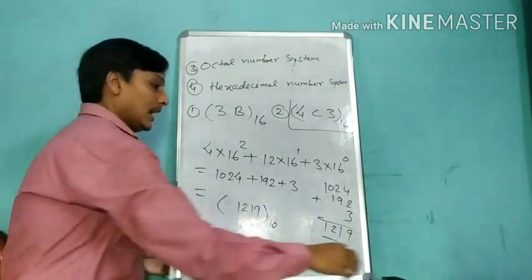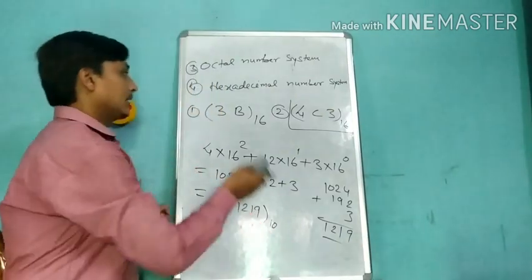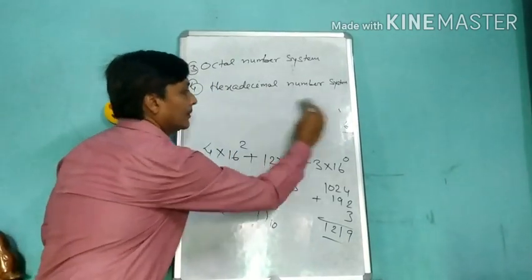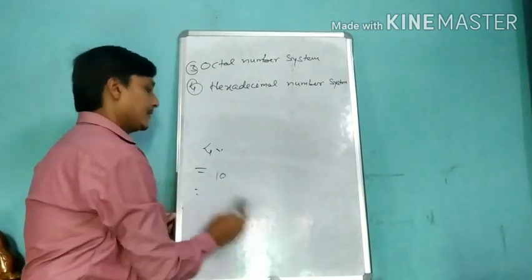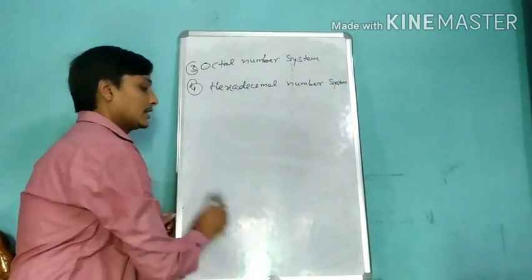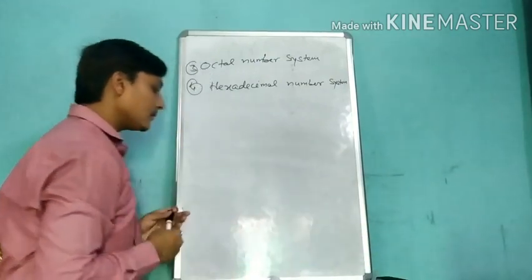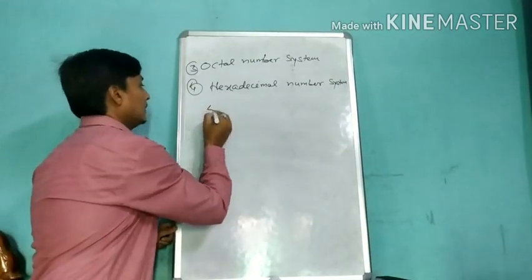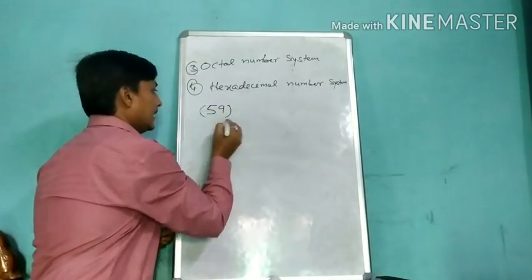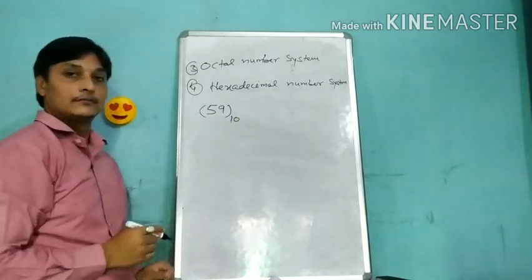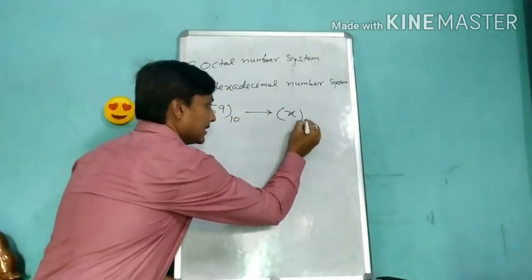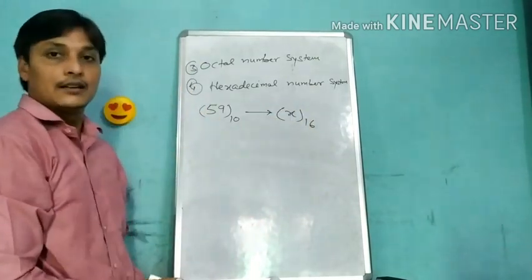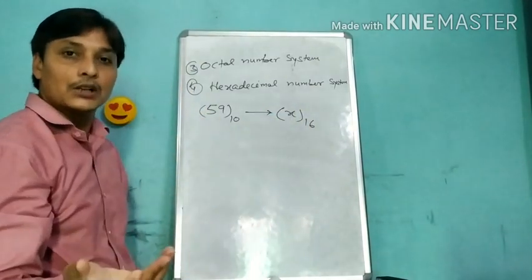Now, I am going to tell you the method to convert decimal numbers into hexadecimal. What was the first question, student? We had got 59 base 10. Now convert this decimal number into hexa equivalent. What is the method to convert?